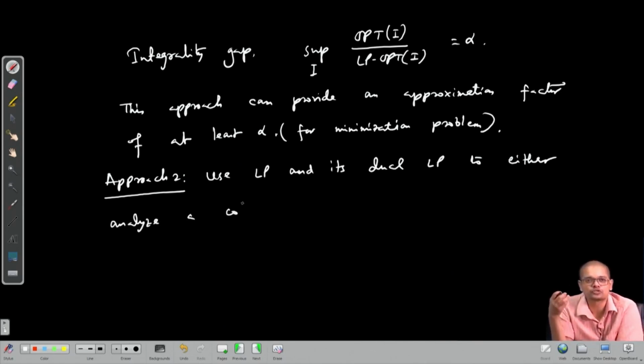An algorithm is, loosely speaking, called combinatorial if it does not solve a linear program.